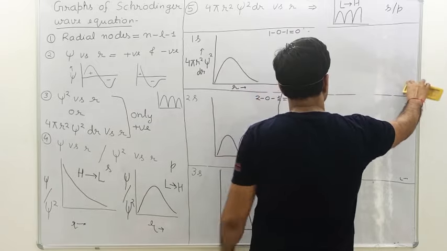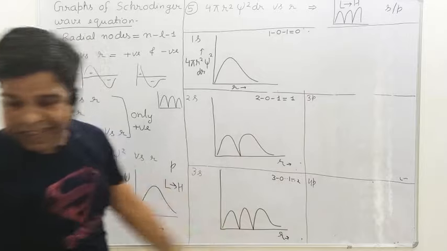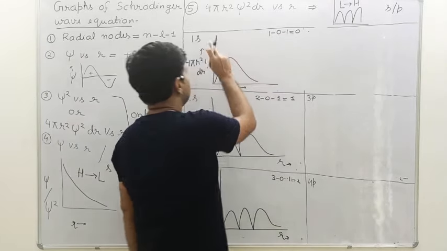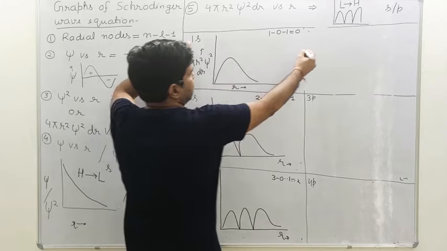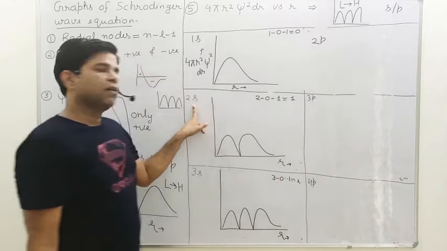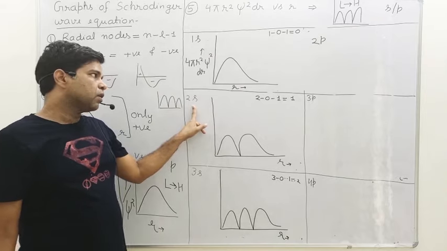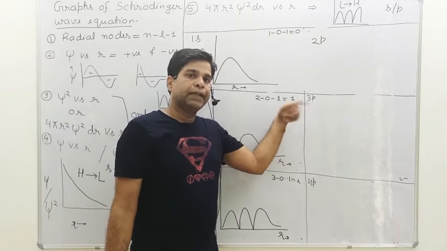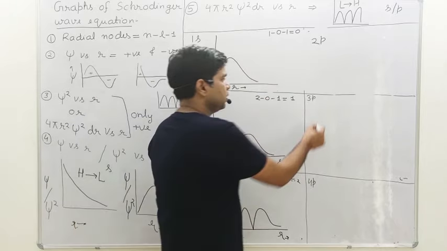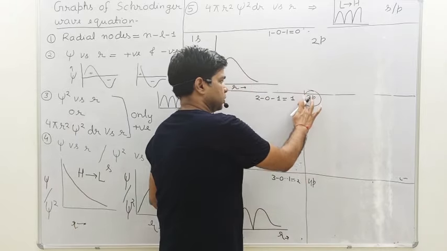In both the cases the radial node is equal to 0, and all these graphs you have to start from the lower to higher. So this is the graph valid for the 1s also, and this is the graph valid for the 2p also. This is the graph valid for the 2s also, and in the 3p radial node is always equal to 1. So this is the graph also valid for the 3p.